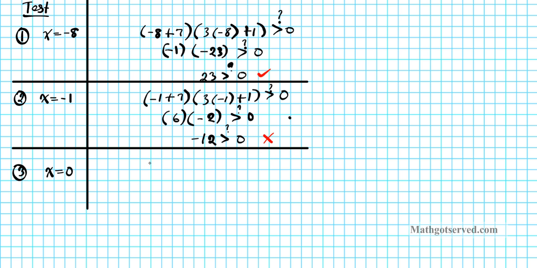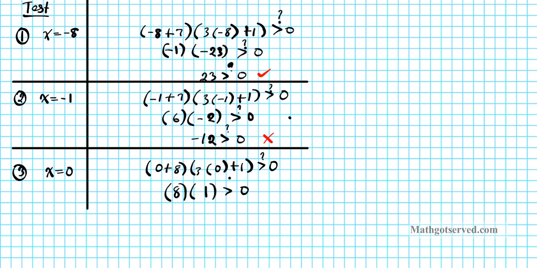So the question is: 0 plus 8 times 3 times 0 plus 1, is it greater than 0? Is 8 times 3 times 0 is 0, plus 1, 1. Is it greater than 0?